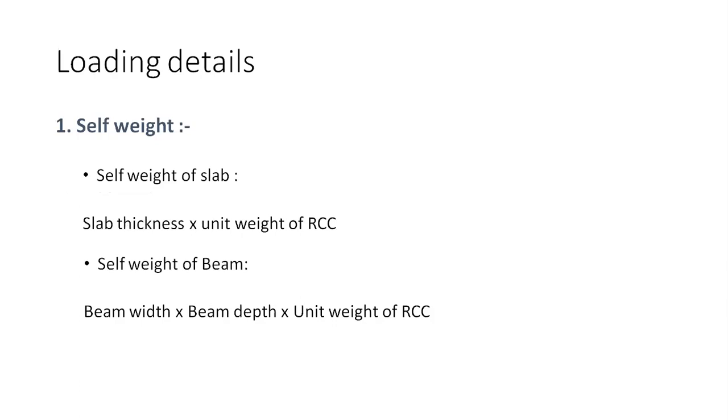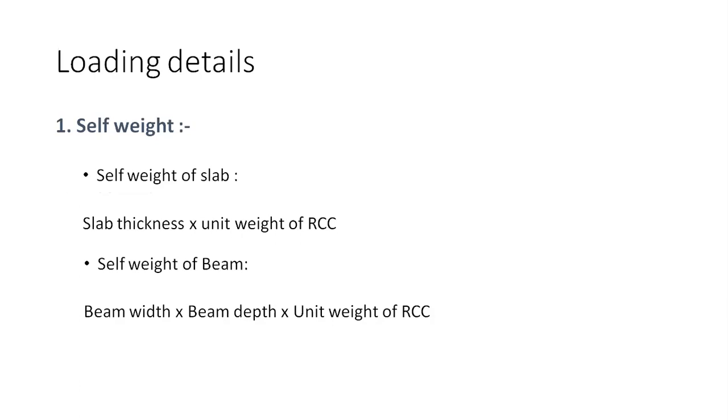Now, calculation of self weight. First, self weight of slab. Here, we need to understand the unit of all these loads, right? For example, self weight of slab shall be calculated as slab thickness into unit weight of RCC.